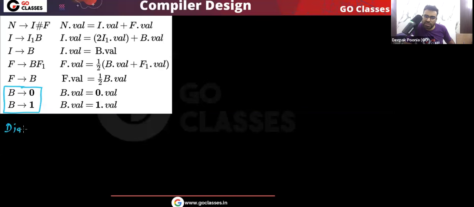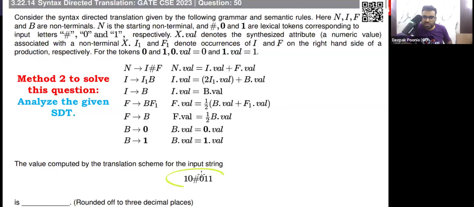So remember, the digits that are used are either 0 or 1. Do you agree? Can I say that the input is basically a binary number? In this question also, you can see the input is a binary number. Yes or no? Okay, so one thing you can notice is that the input is a binary number, because B is either going to 0 or going to 1.